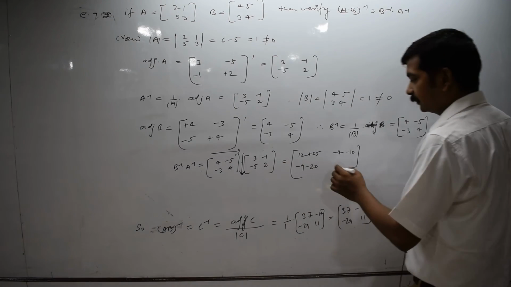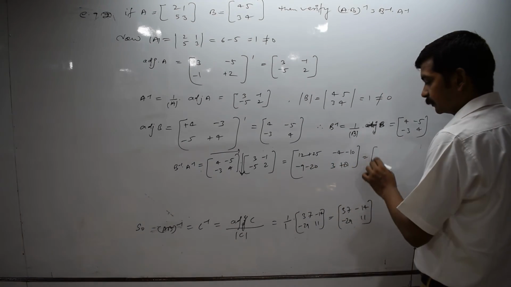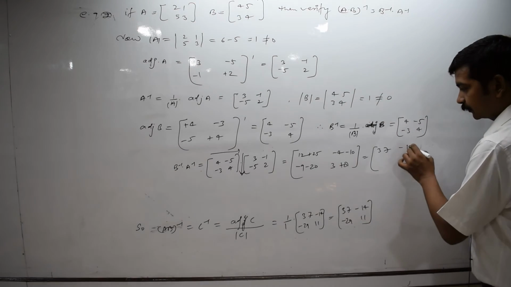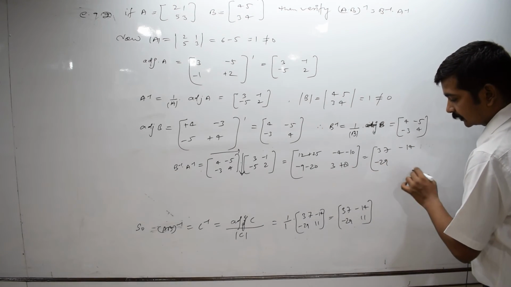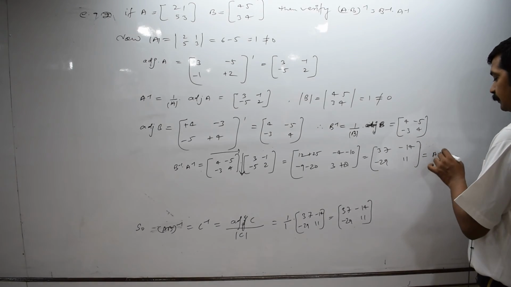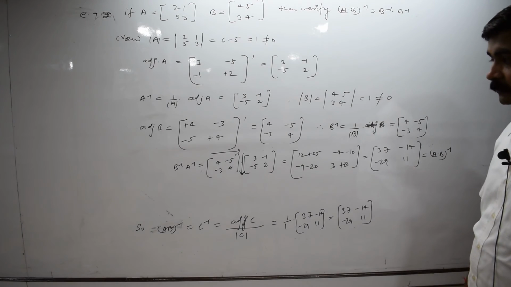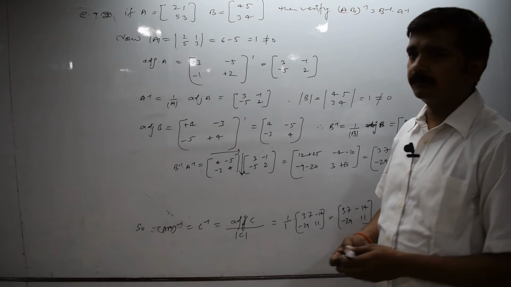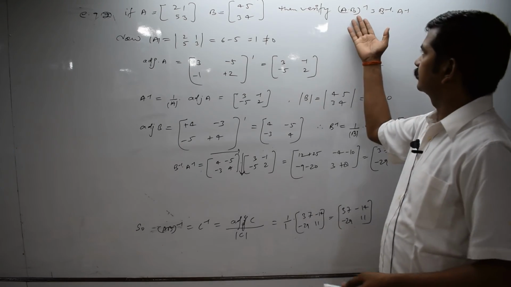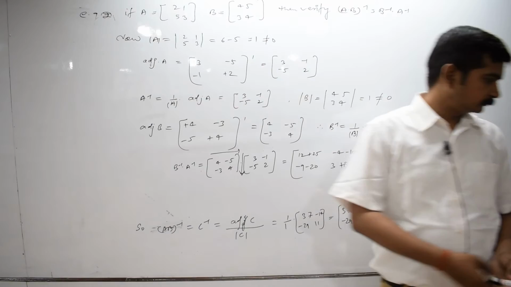Next will be 3 plus 8. So this will be 37, minus 14, minus 29, and 11, which also equals (AB) inverse. We see that this equals this, so we can easily prove the reversal law by this method.